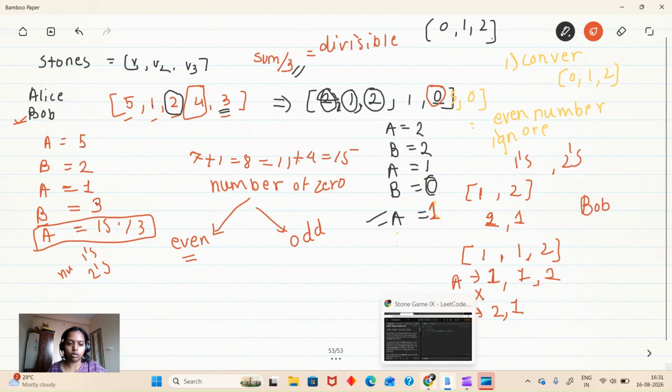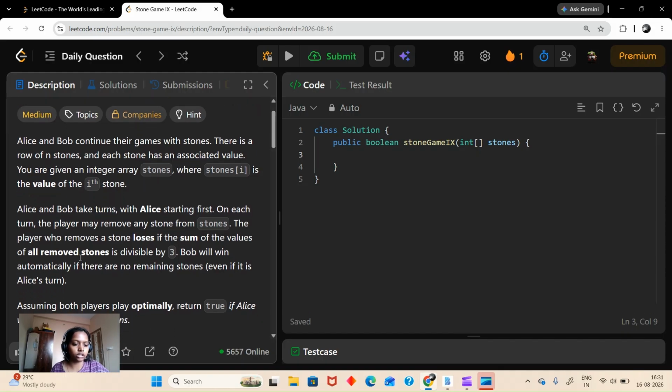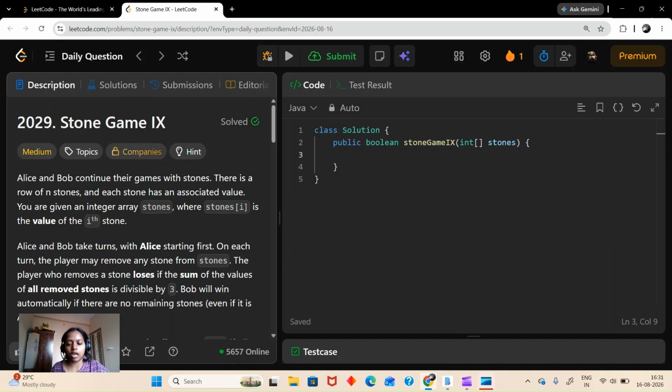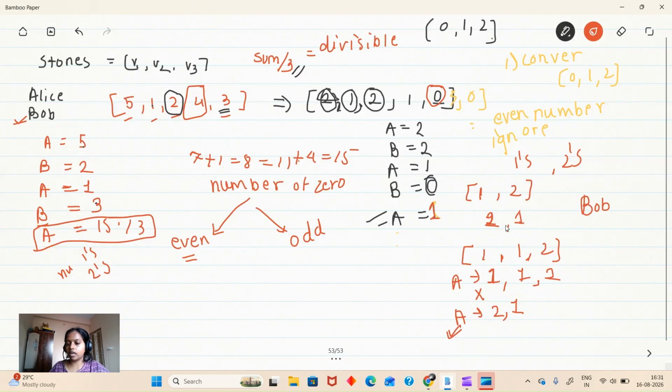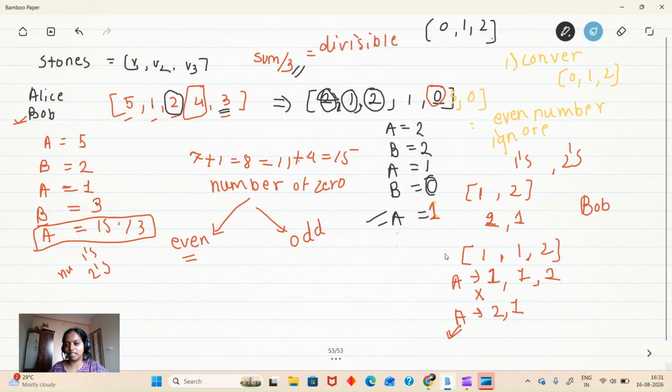Okay, and in the question it is given that Alice will start first, right? Now we have to make Alice win. So we have two options. Alice has the choice, she can lose also, she can win also, so I will consider this, so that Alice can win.